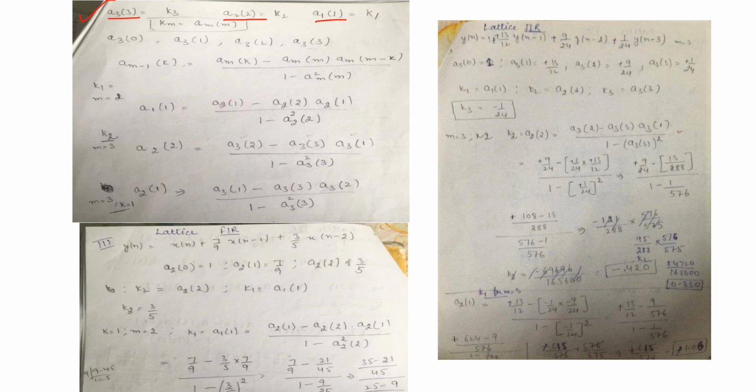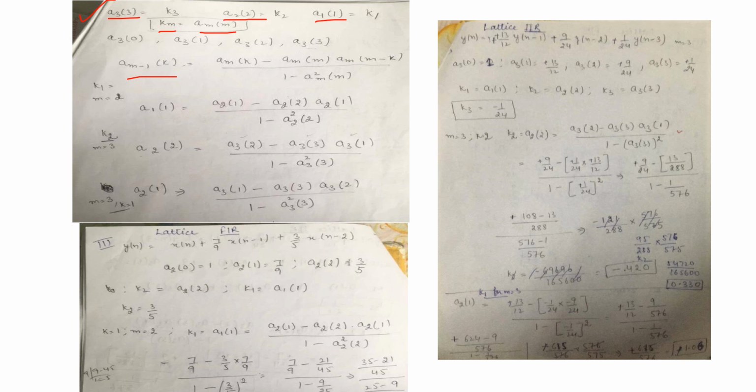Okay? The formula is Km is equal to Am of m, where m is the order of the filter. Clear? So this is the general formula, where m is the order of the filter.